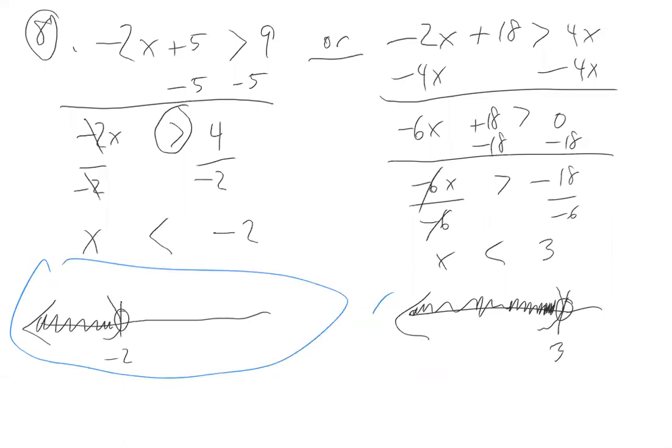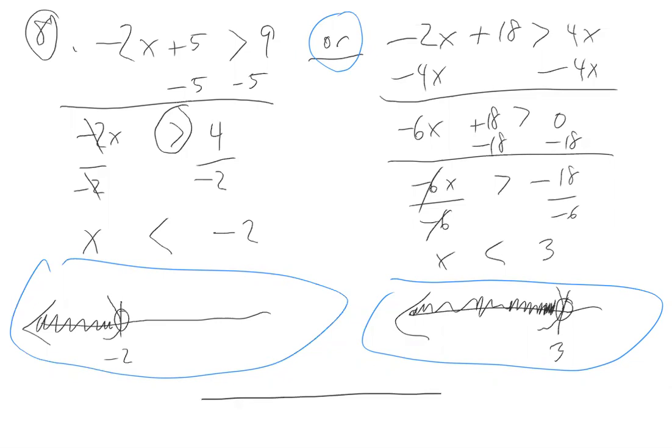So what's the graph of the combined compound inequality with the word or? So the word or means you put all of the numbers together. So we're going to take all of the numbers that are less than negative 2 and all of the numbers that are less than 3. So first of all, if I draw a number line and I put all the numbers that are less than negative 2 on the number line, then I would go all the way up to negative 2, right?